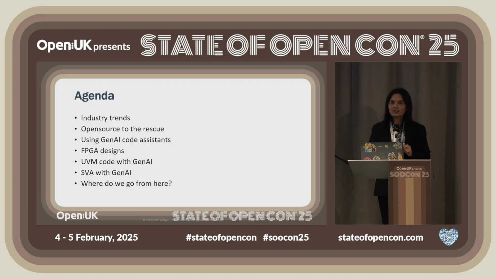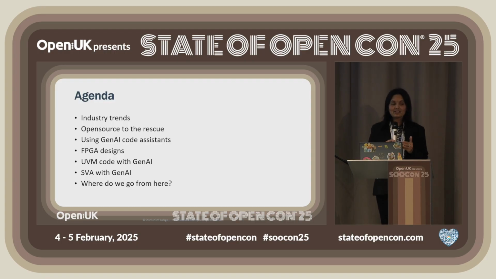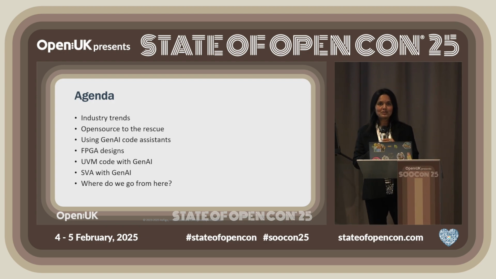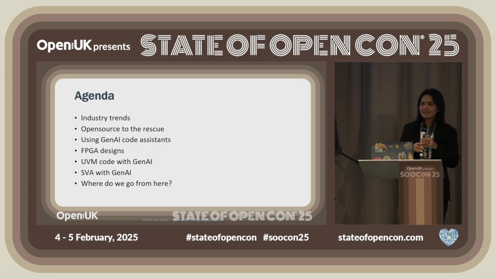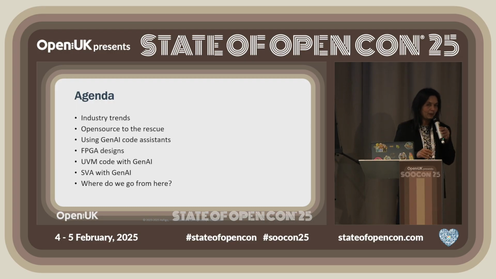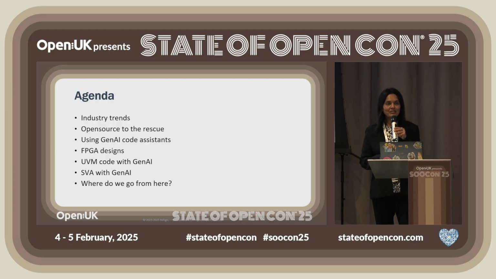And then we are talking about the methodology. UVM is the de facto methodology for design verification and chip development. How can GenAI and the Copilot assistant be useful there? The next one is system-level assertions, which are primarily behind formal verification.